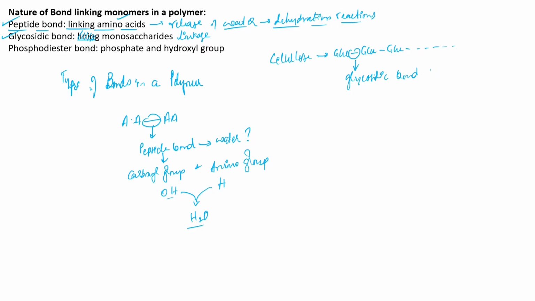Now in the last class we had said that cellulose, starch and even glycogen are all homopolymers.